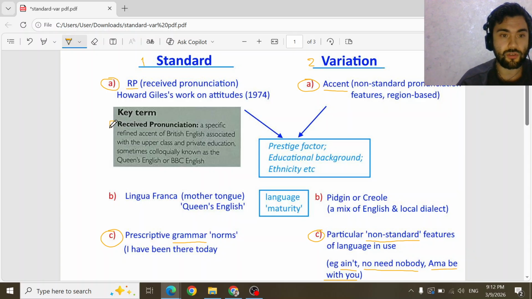So according to one of the definitions, it's a specific refined accent of British English associated with the upper class in private education, sometimes colloquially known as the Queen's English or BBC English. We used to say that the Queen's English would be the English as a whole in at all its layers.